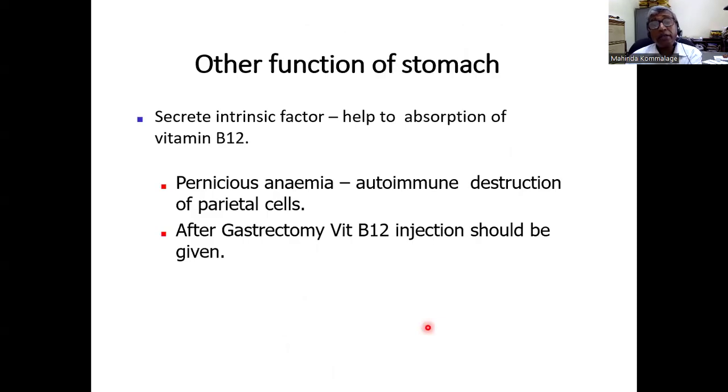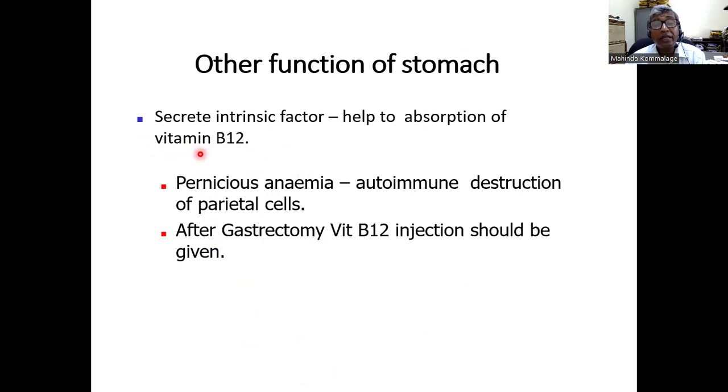In addition to that, you need to remember the stomach will secrete the vitamin B12 absorption factor. We call it intrinsic factor, right? Intrinsic factor is secreted from the stomach, and that will bind with vitamin B12, and absorption will occur in the small intestine.